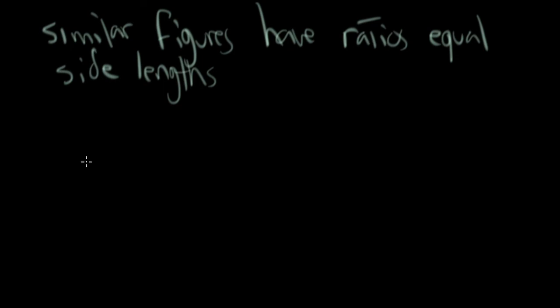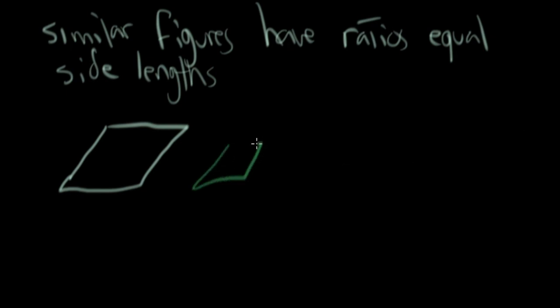So if we're saying, for instance, here's your friendly little rhombus, and we're saying that there's a similar rhombus. So we have a little rhombus there, we have a little rhombus there, and I'm telling you, these are similar. So what is the ratio? And remember, what are ratios again? They're just fractions, okay?